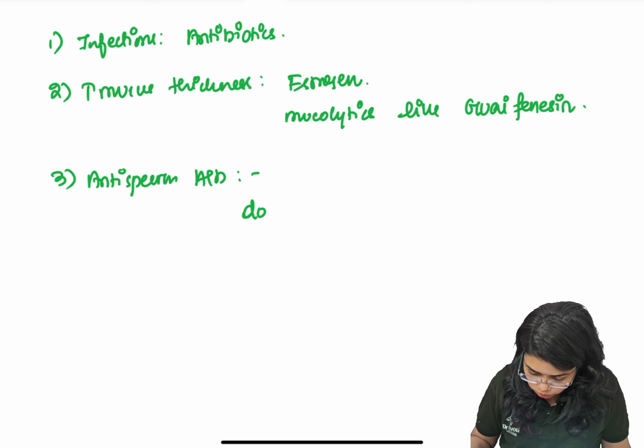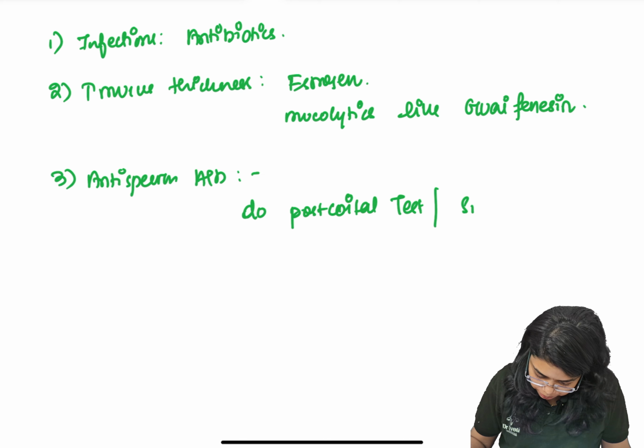To detect it, we do the postcoital test or Sims test or Huhner test.